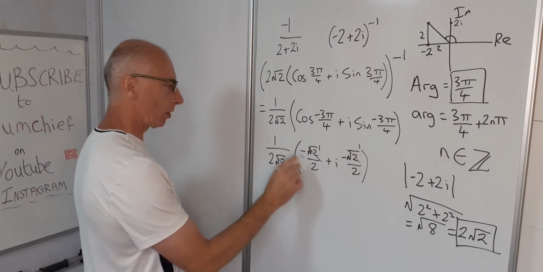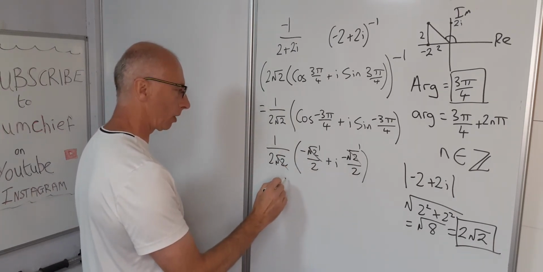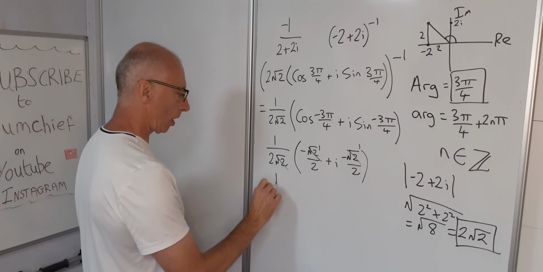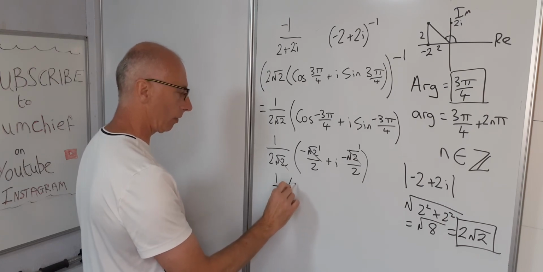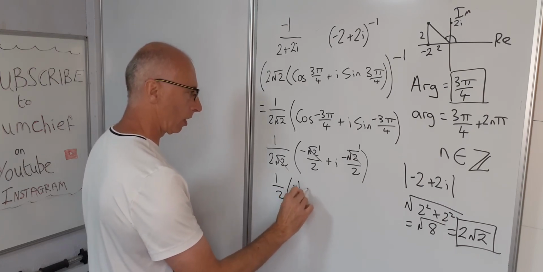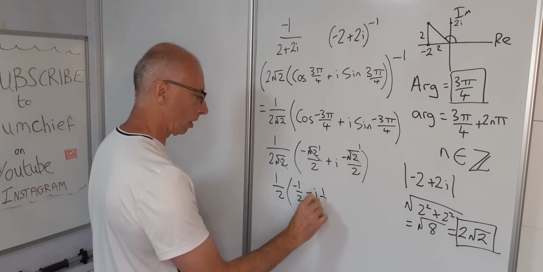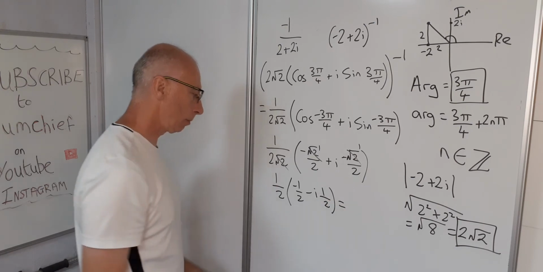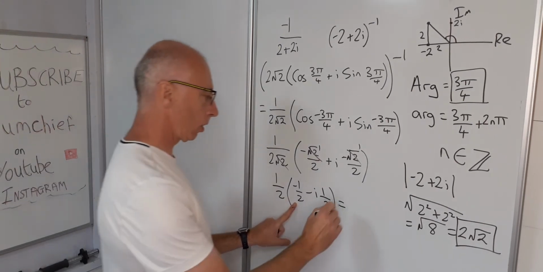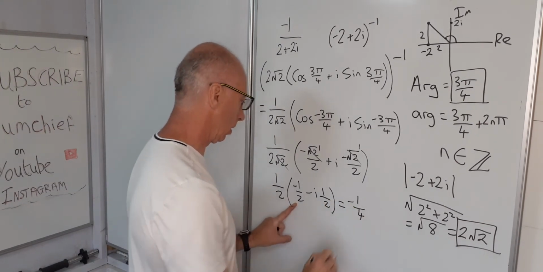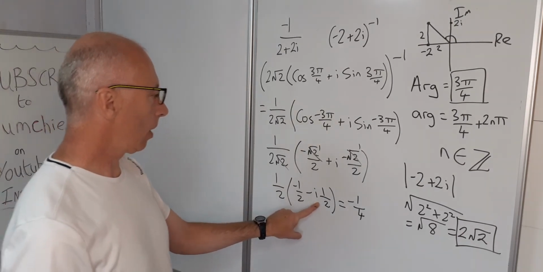And then we can multiply the 2 by each one of these components. So now let's just write it out first. 1/2 times -1/2. Put a minus in here for this one. And then just to simplify that off, we've got -1/4 minus I over 1/4.